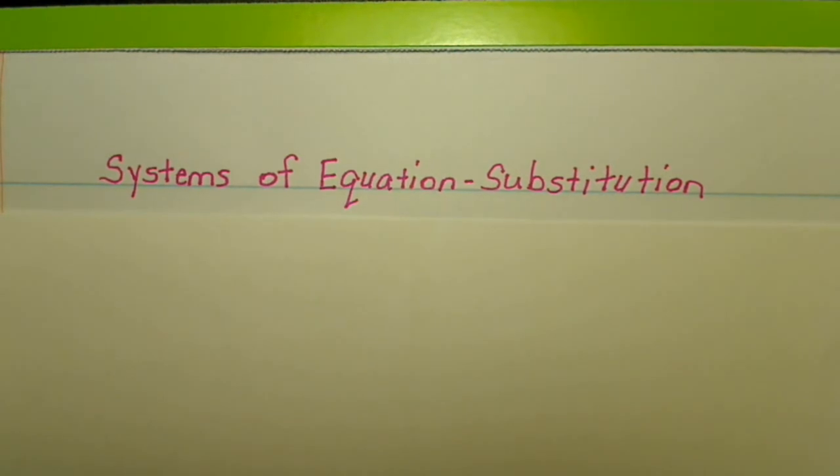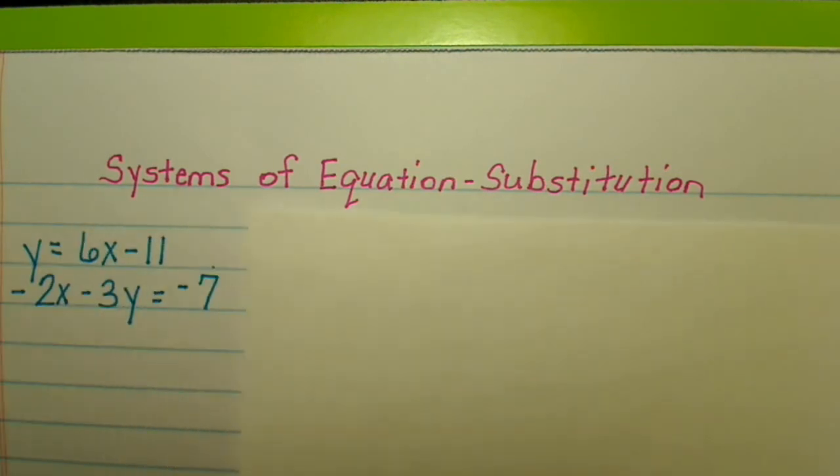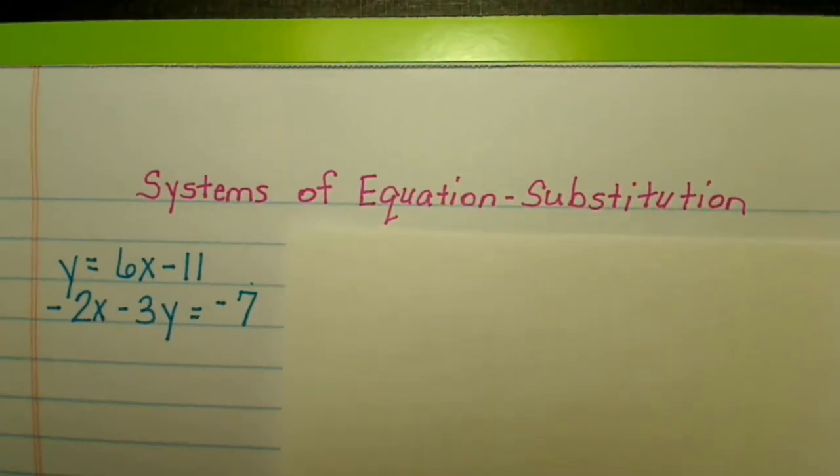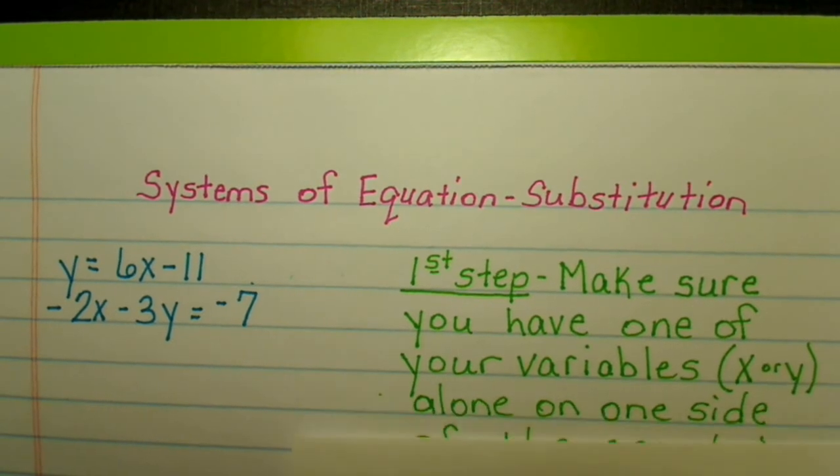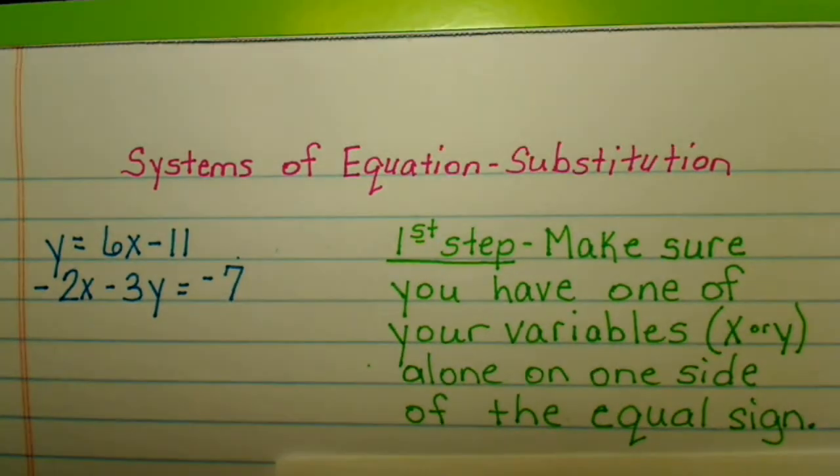So, here we go. Systems of equations, substitution. Whenever you're doing systems of equations, you're going to start with two equations. And to do substitution, the first thing you want to do is make sure you have one of the variables alone on one side of the equal sign.